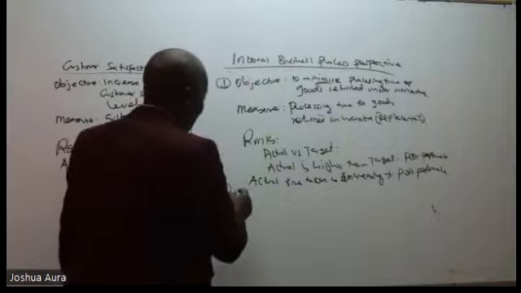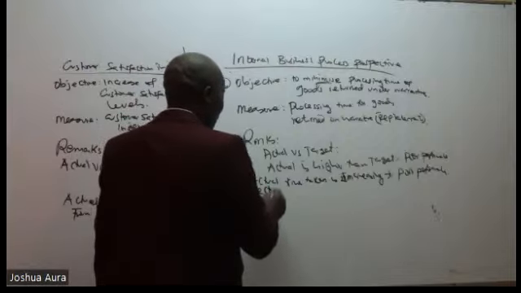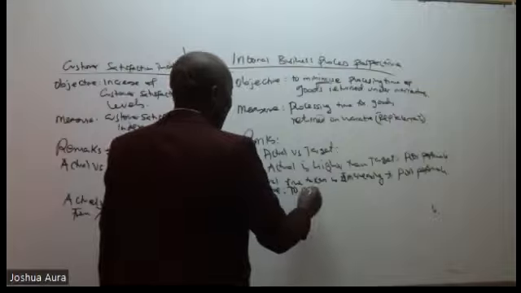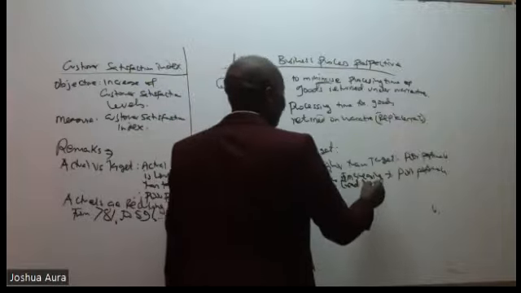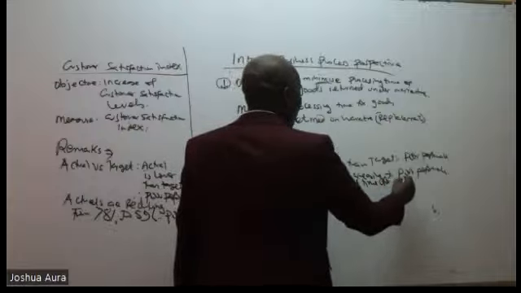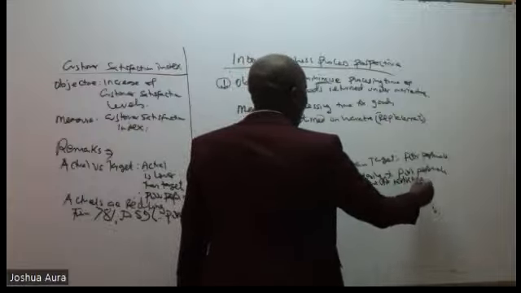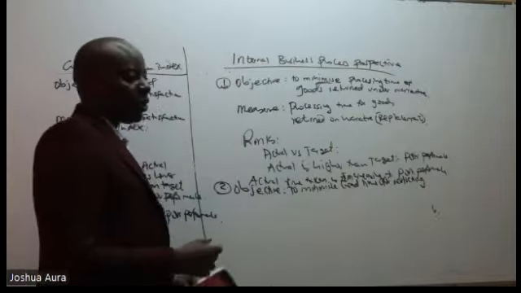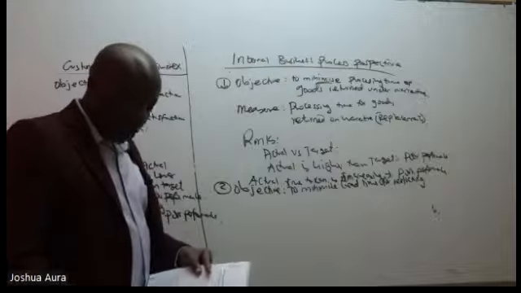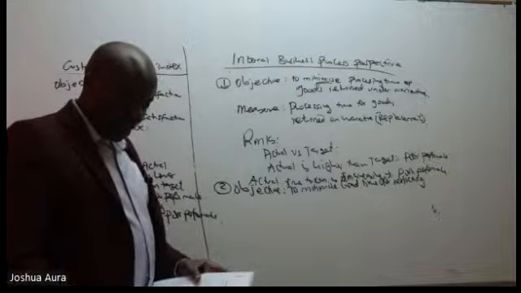So in this case here, the objective will be to minimize lead time for restocking. Restocking is a process. We need to automate this to minimize lead time for restocking, right?